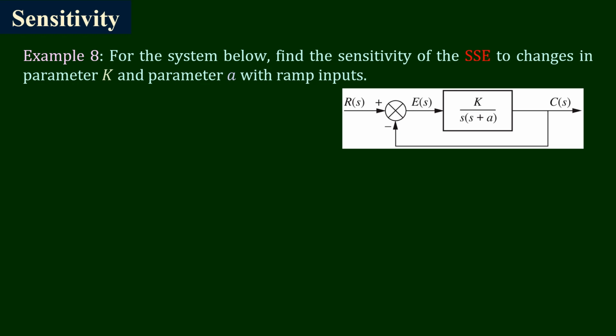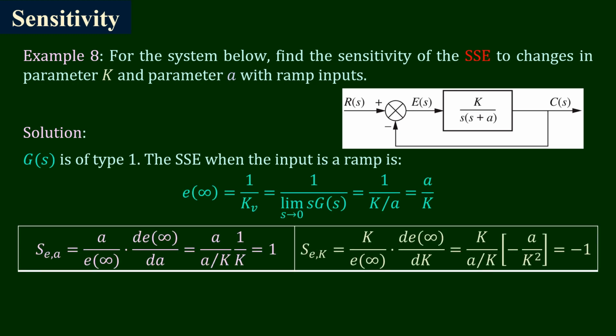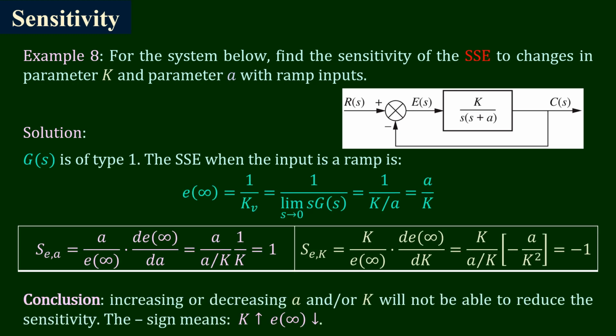So here is the clean solution; you can go through this again and you will get similar results. Increasing or decreasing the value of A, because it is 1, or K will not be able to reduce the sensitivity. The negative sign shows that whenever you increase K, the steady state error decreases.